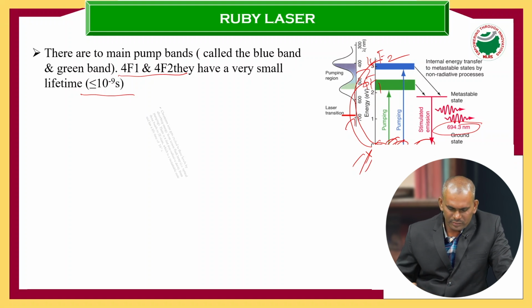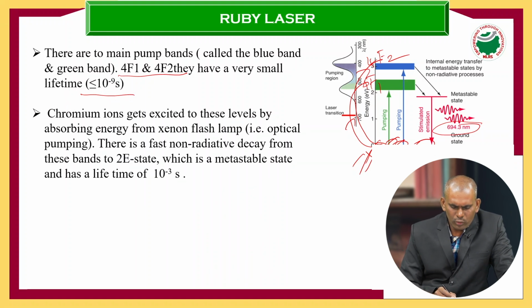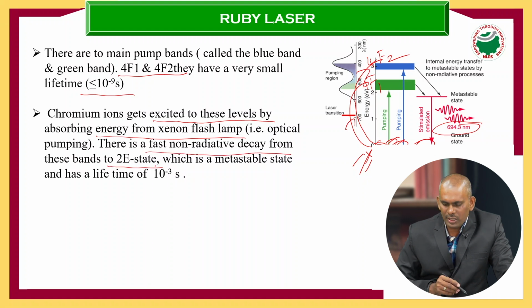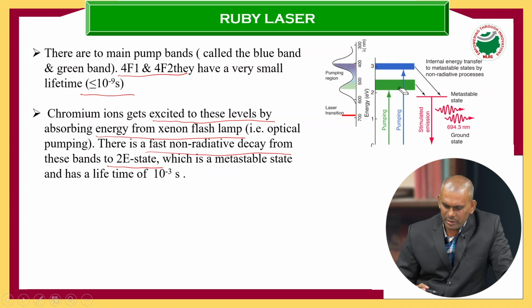Next, after this, chromium ions get excited to these levels by absorbing energy from the xenon flash lamp. There is fast non-radiative decay from these bands to the 2E level. By the optical pumping method, the atoms in these levels excite to higher energy levels here.